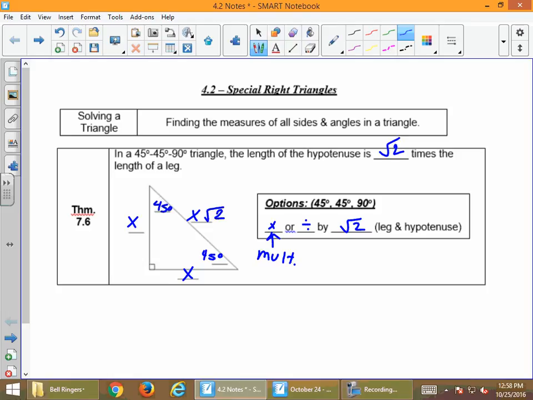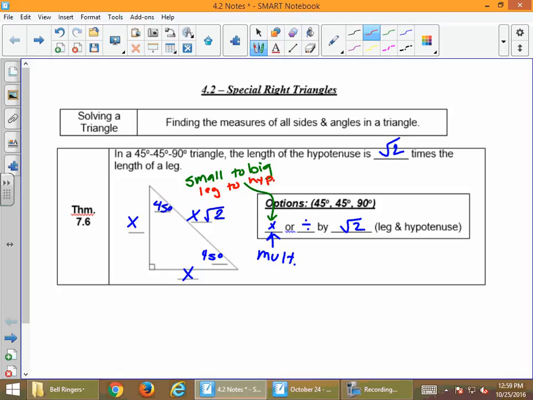You're going to multiply by radical 2 when you're going from small to big. Meaning when you're going from a leg to the hypotenuse, you're going to multiply by radical 2. When you're going from a small part to a big part, multiplying makes it bigger.